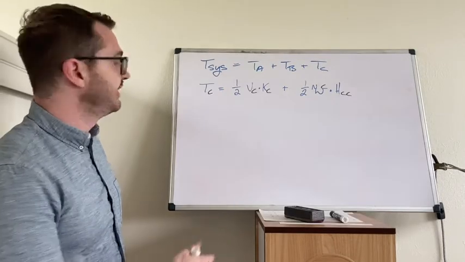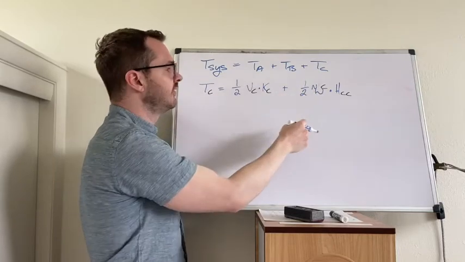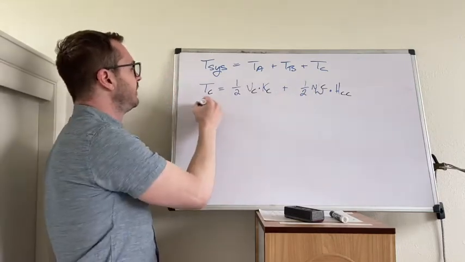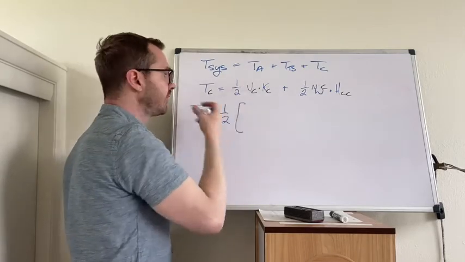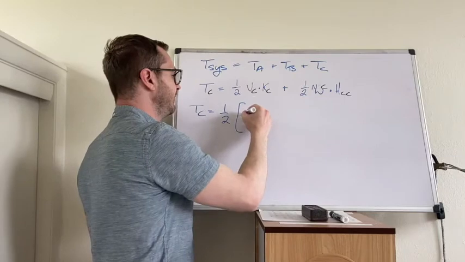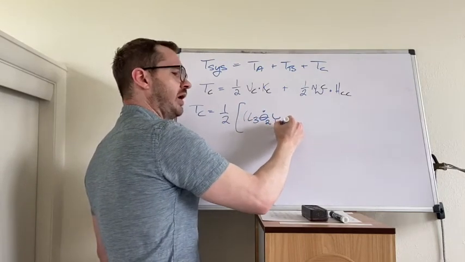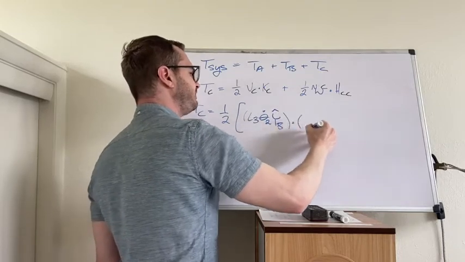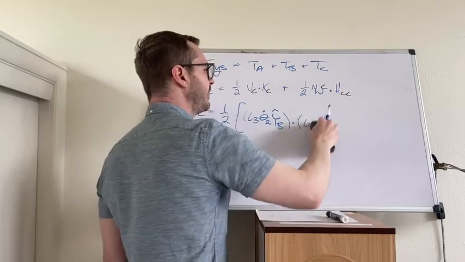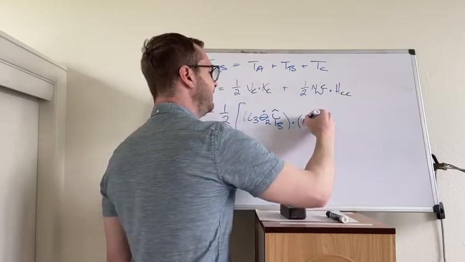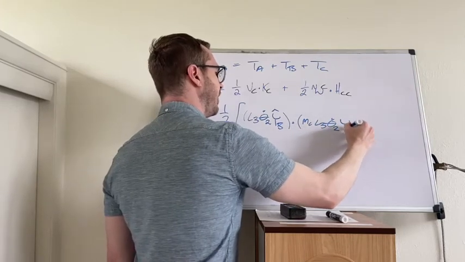So now the kinetic energy of C. TC is 1/2 VC dot KC plus 1/2 omega C dot HCC. Let's put in the specifics. TC is 1/2. Let's do this first one. This was L3 theta 2 dot YB, with mass MC.